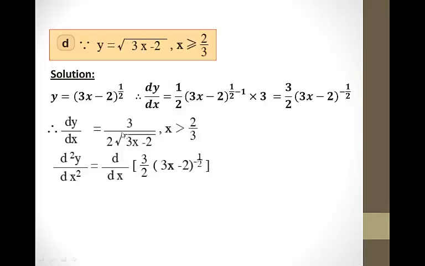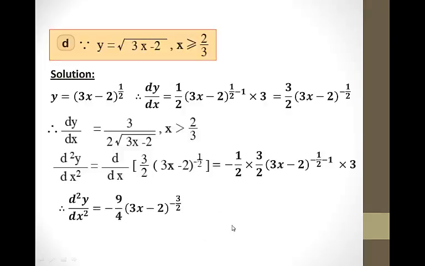It is another form for the root. 3 over 2 multiply 3x minus 2 all power negative half equals negative half multiply 3 over 2 multiply 3x minus 2 power negative half minus 1, multiply 3, which is the derivative of 3x.